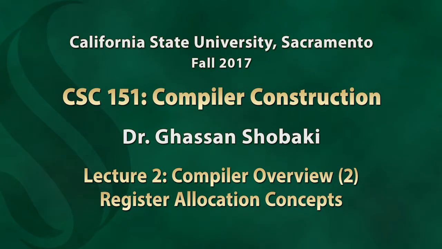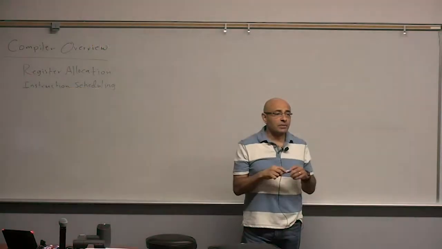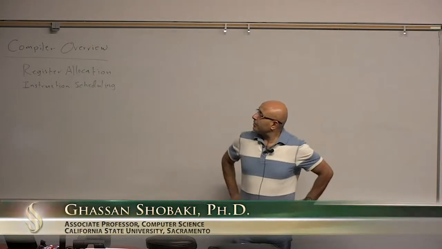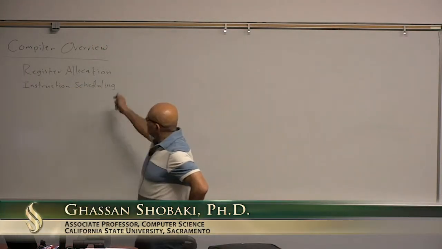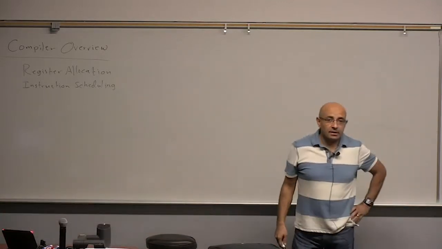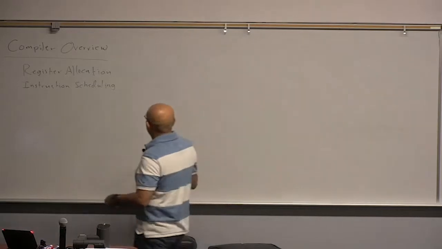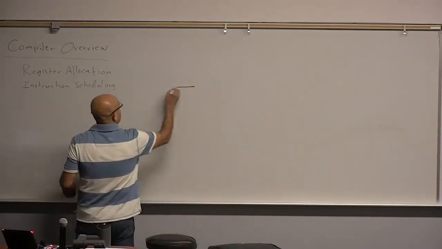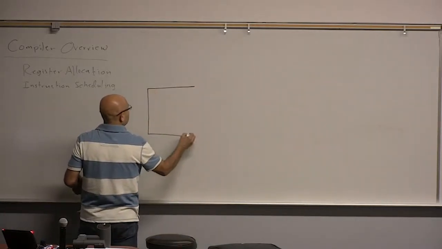Okay, so we'll continue our overview of compilers, and today we will focus on register allocation and instruction scheduling. So first let's draw that picture that we drew last time.